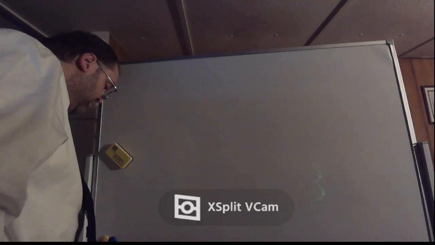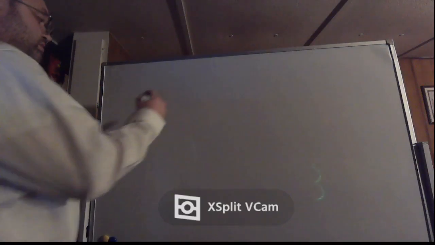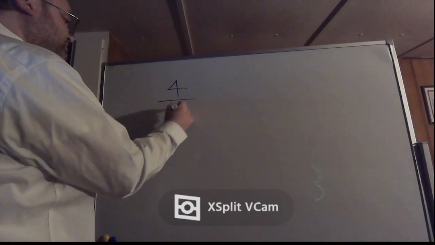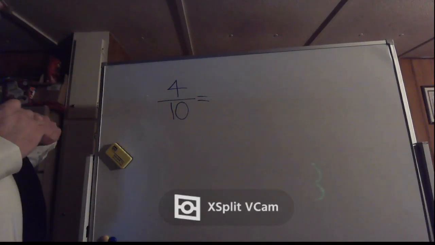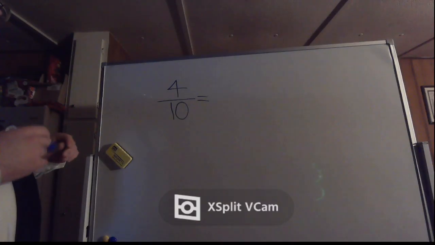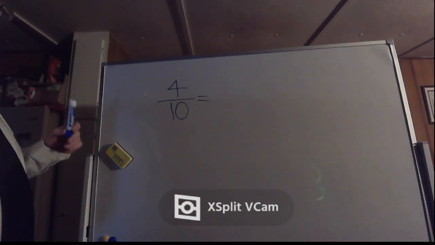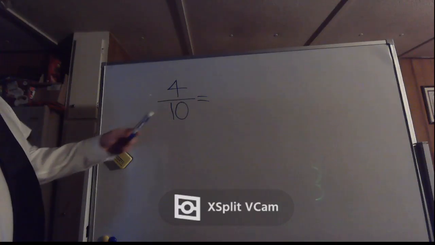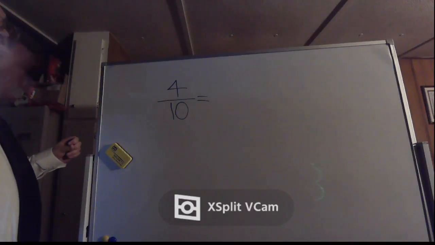Alright. What if I give you something like 4/10? This one's probably not as apparent. What are some factors of 4? What are some of 10? The trick is, are there any factors of 4 for 10? There are not. There are factors of 2 for 10, but there's no factors of 4 for 10.